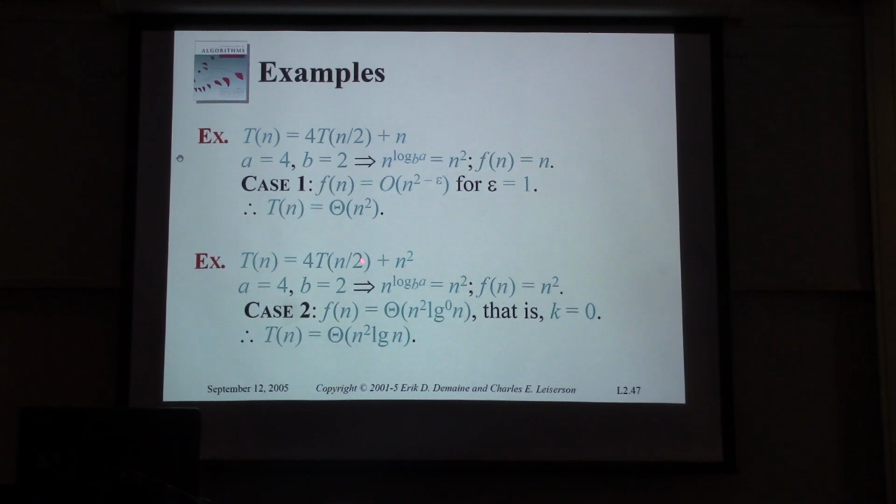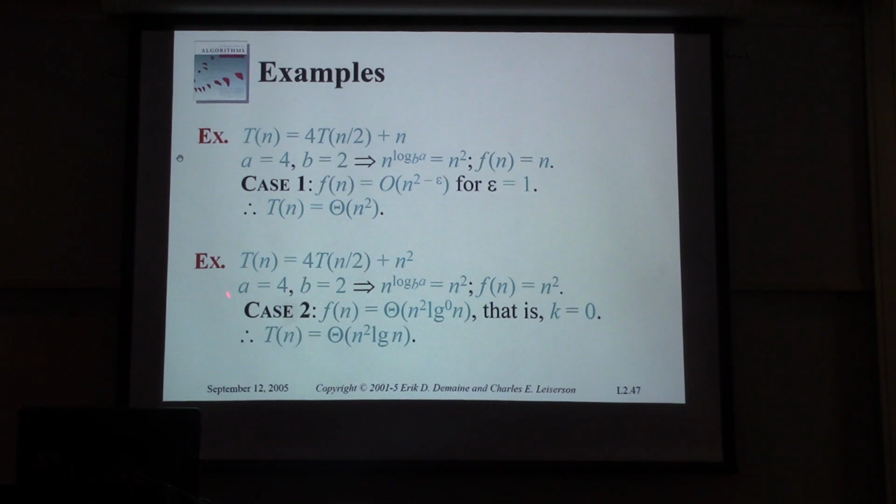But we're cutting the input in half. How many times can we go level by level and cut the input in half? Log base 2 of n. So for each level we're doing n squared, n squared, n squared, but the number of times we can keep doing it until we get to unity is log base 2 of n.